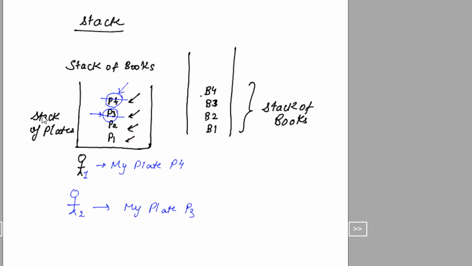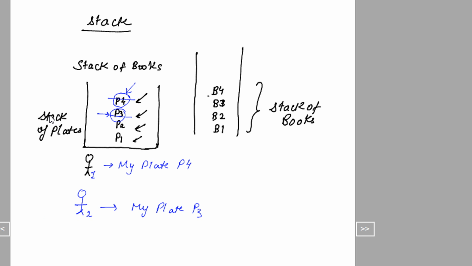Now what happens? Let's say there is a guy who is washing the plates in the kitchen and restoring them. He washes a plate and then keeps it above P2. This is the newly washed plate. Again, a newly washed plate is kept above P3. Again, the guy who is washing just keeps the plate one above the other.